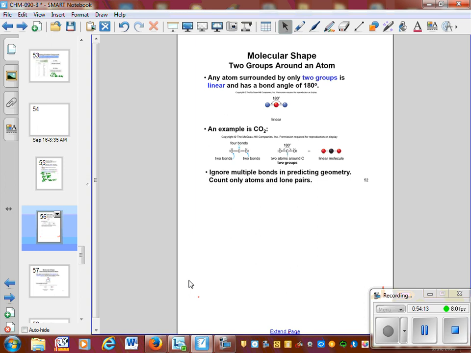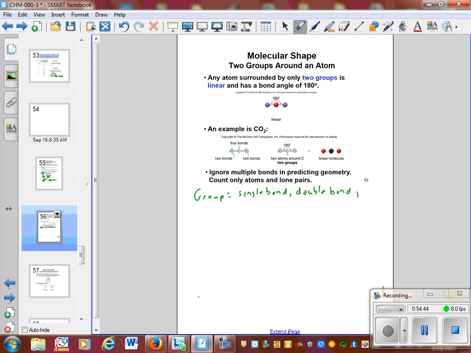So a group is equal to a single bond or a double bond or a triple bond or a lone pair of electrons.